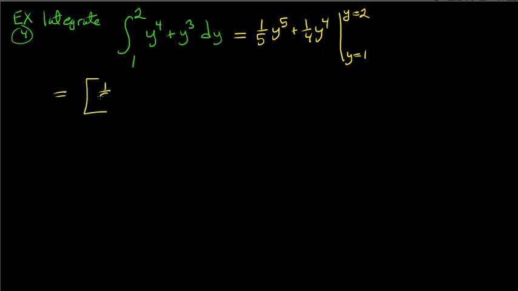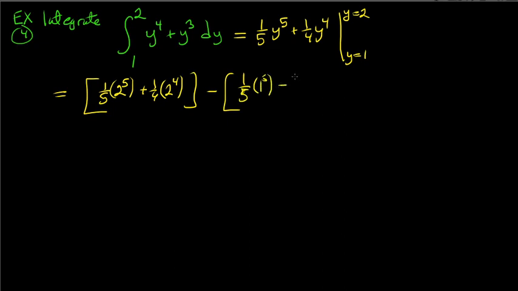So this is going to be 1/5 times 2 to the fifth plus 1/4 times 2 to the fourth. The 4 could go on the inside or outside, doesn't matter. And then minus, right, 1/5 1 to the fifth minus 1/4, oh, sorry, plus 1/4 1 to the fourth.